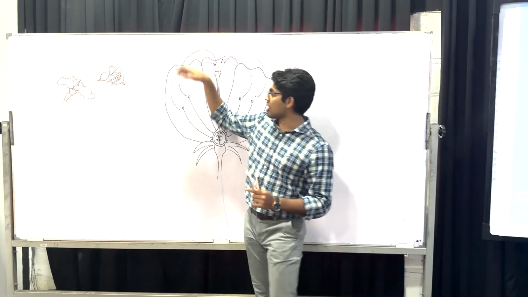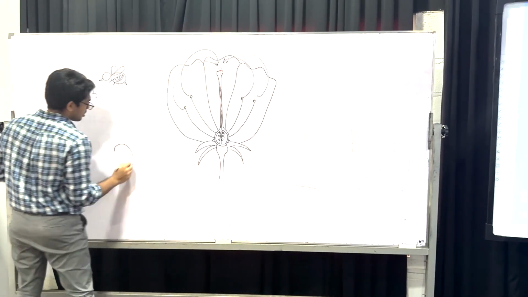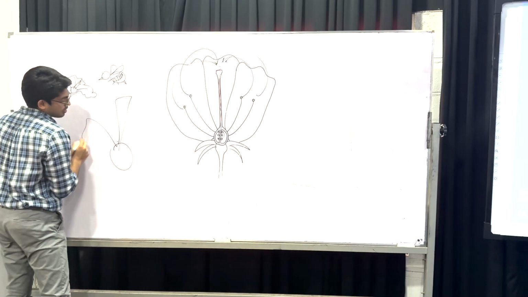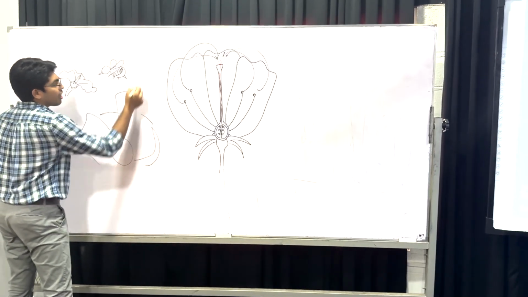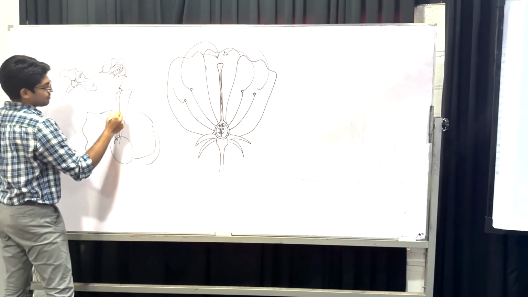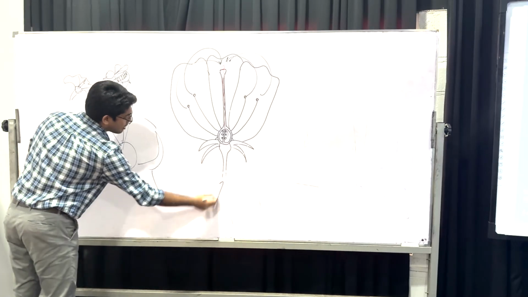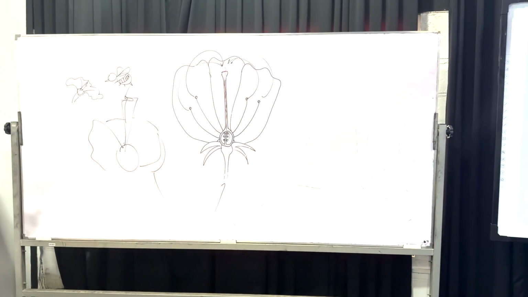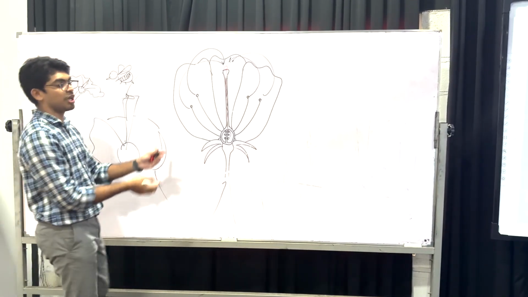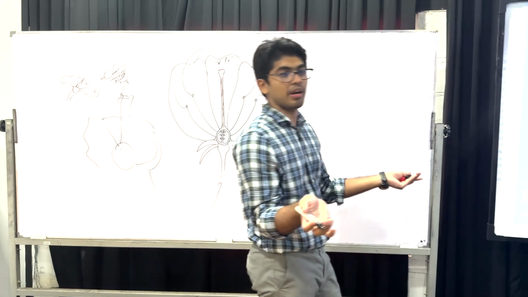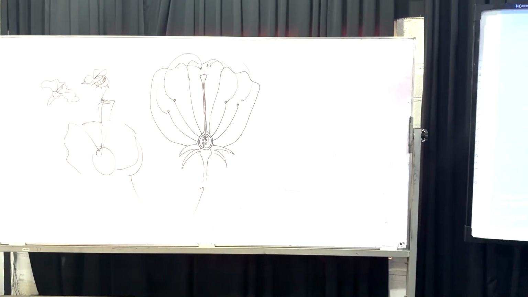The pollen gets transferred to the stigma of that flower. It's not the same flower, it's a different flower, but the same species. Maybe a different plant or the same plant, but a different flower.